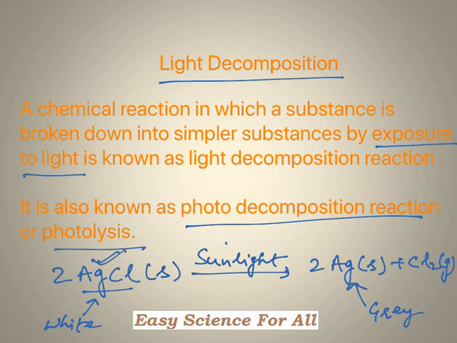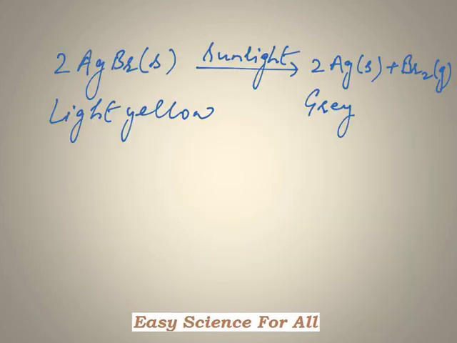For example, it is seen that when silver chloride is exposed to sunlight, it results in the decomposition of this silver chloride and we get silver and chlorine. The color of silver chloride is white, whereas on decomposition when it gets converted into silver, the color of the silver that is seen is gray.